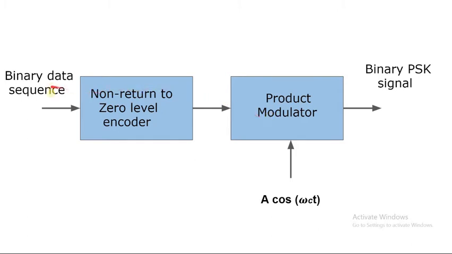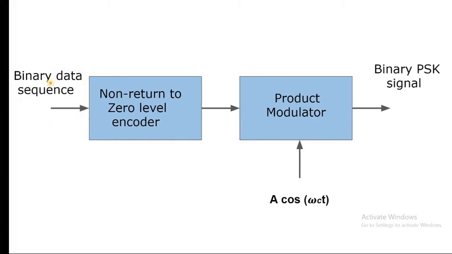It consists of a bipolar NRZ encoder and a product modulator. The binary data sequence is first applied to the bipolar NRZ encoder.